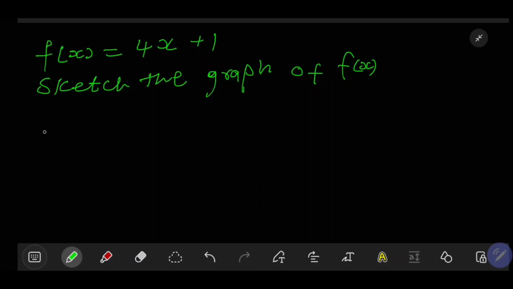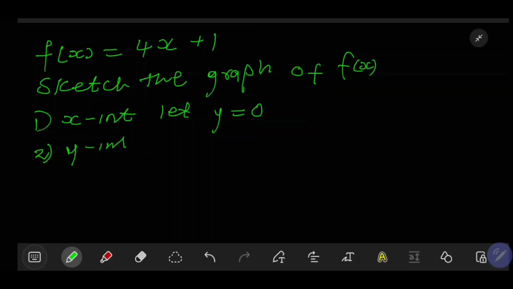The first thing we should do is to determine the intercepts. When we find the x-intercept, we must let the y value be equal to 0. The second one is to find the y-intercept by letting the x value be equal to 0.